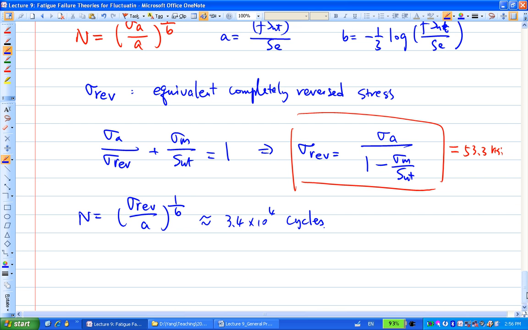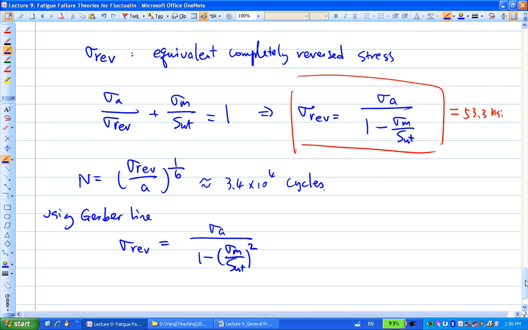So if you use the Gerber lines, then your sigma ReV will be slightly different now. This is your sigma ReV using Gerber line.